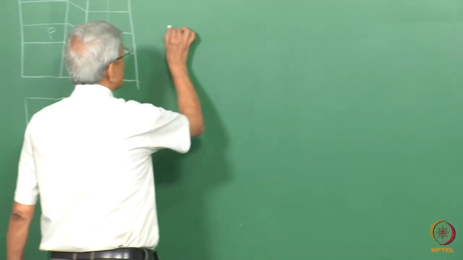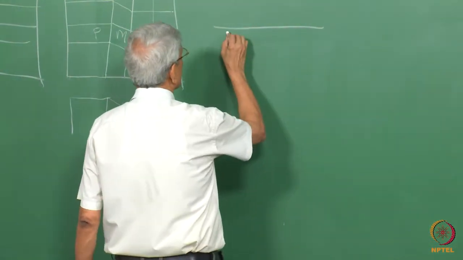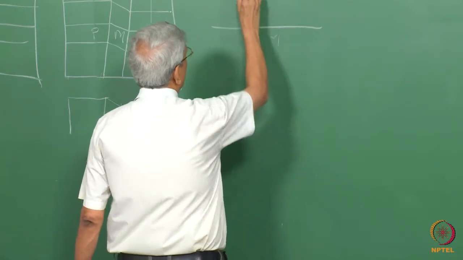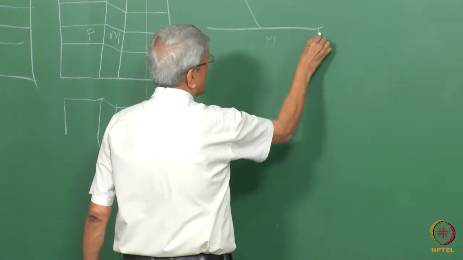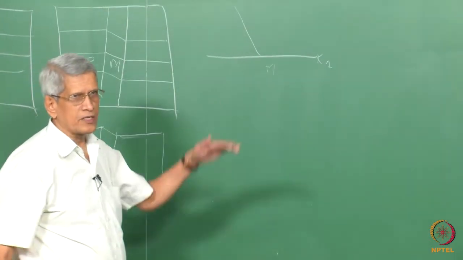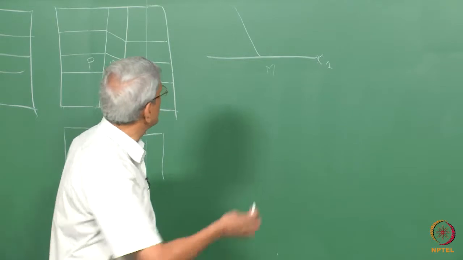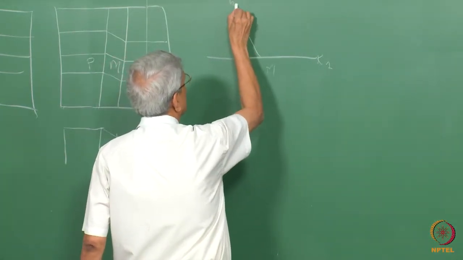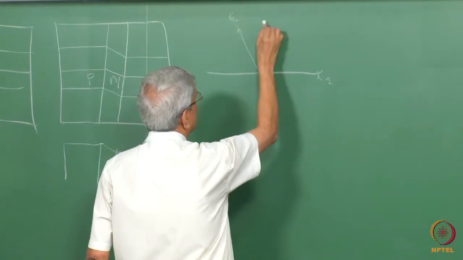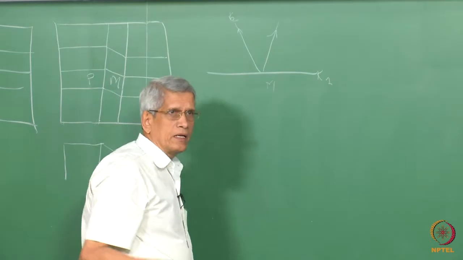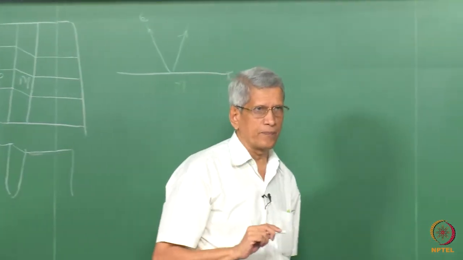What are the essential features of a twinning transformation? Essentially, between the twinned and the untwinned region, this is the matrix, and there is a plane called the K1 plane, which is unrotated and undistorted, which we call the composition plane. And then there is another plane, the K2 plane, which gets rotated but not distorted.